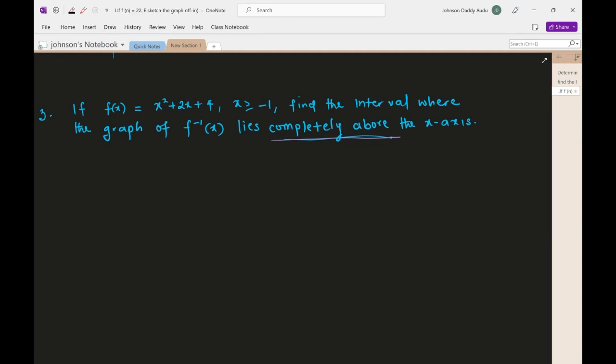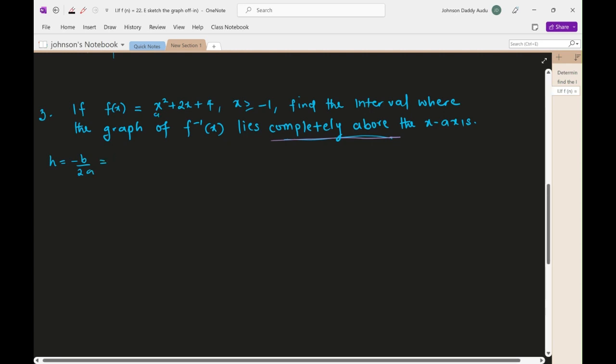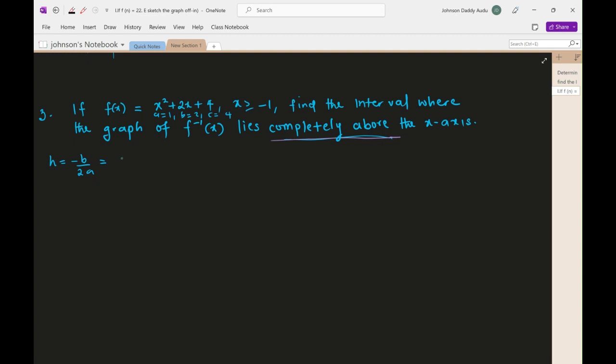And to graph this function, surely we need the vertex. So what will be the h? It is minus b over 2a. So a is 1, b is 2, and c is what? It is 4. So we have minus 2 over 2 times 1.